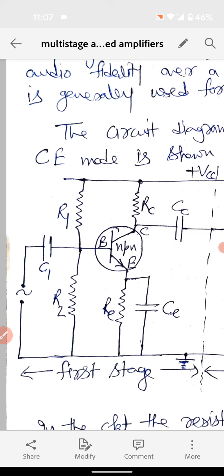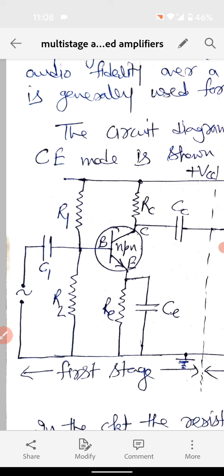Which mode of biasing have we used in this transistor? It is the voltage divider biasing circuit, which you studied in your last unit. All these capacitances you also read about in that unit, and what their importance is, but we will discuss that again here. But just see the diagram.